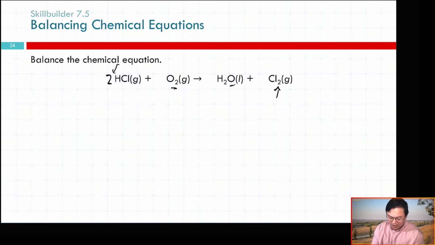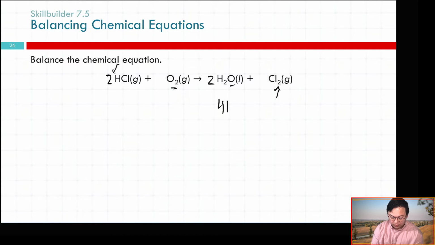If we balance oxygen here, we're going from H2O, so we have 1 oxygen, but we need 2. So we do 2 here. But now we've changed the number of hydrogens. We'll do it this way, and then I'll show you a trick. So we have 2 oxygens now, our oxygens are balanced, but now we've changed the number of hydrogens. We need 4 hydrogens.